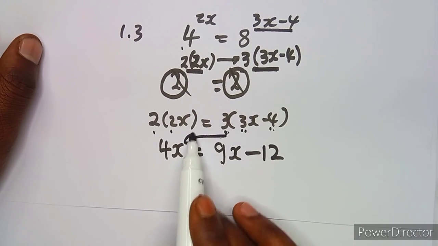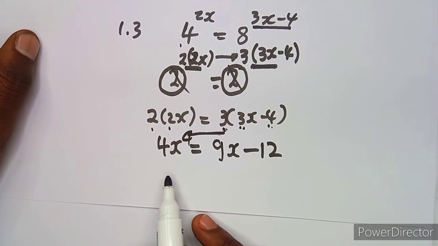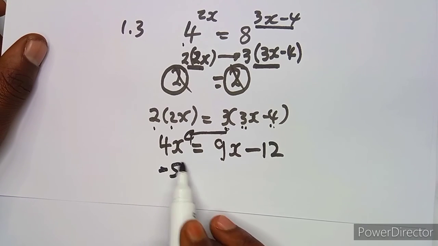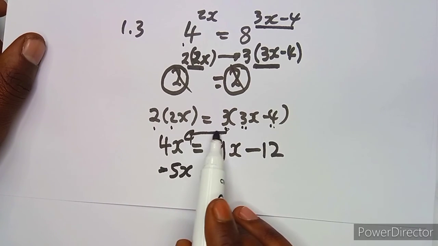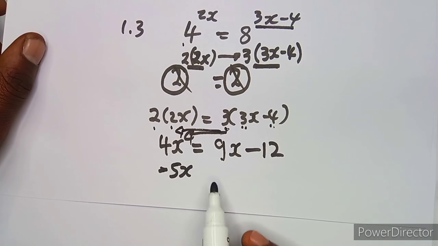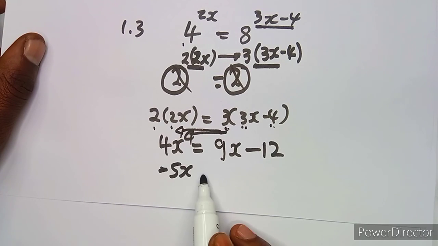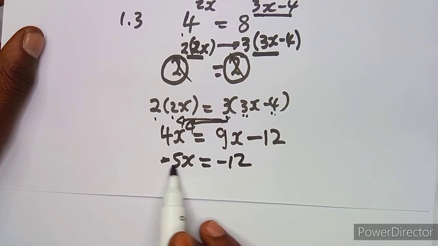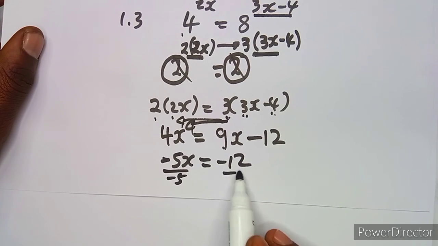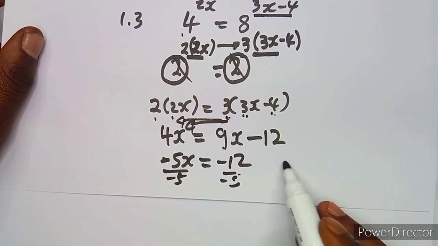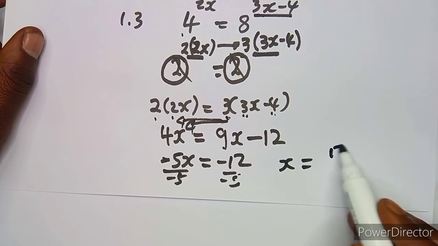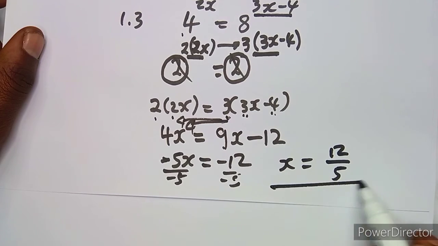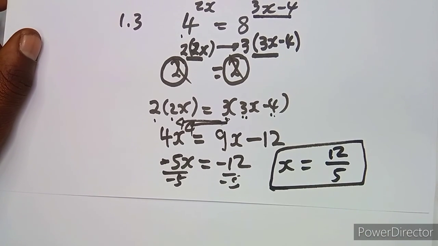You transpose this, which is 4 minus 9 from your calculator. This is minus 5x. So 4 minus 9, which is minus 5x, is equal to minus 12. To find x, you just divide both sides by minus 5. This is going to give you 12 over 5. That is the value of x, a positive 12 over 5.